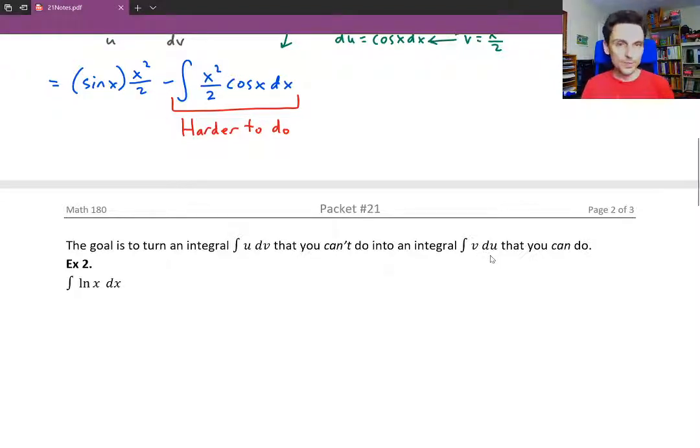Just like with the substitution method, you're trying to make a substitution that makes your new integral simpler to integrate. Same thing with integration by parts. You're trying to choose your u and your dv so that when you apply the formula, the new integral, the integral of v du, is simpler to integrate.